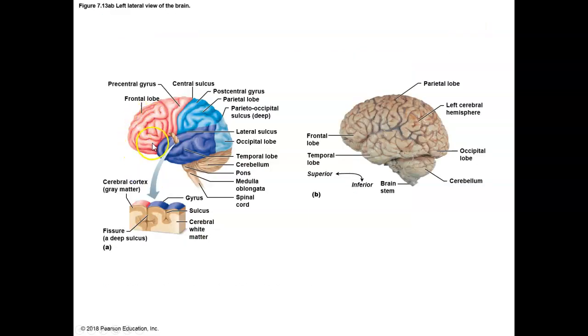So here you have the frontal lobe, which sits deep to the frontal bone. We have the parietal lobe, which would be deep to the parietal bone. We have the temporal lobe, deep to the temporal bone, and then the occipital lobe, deep to the occipital bone.